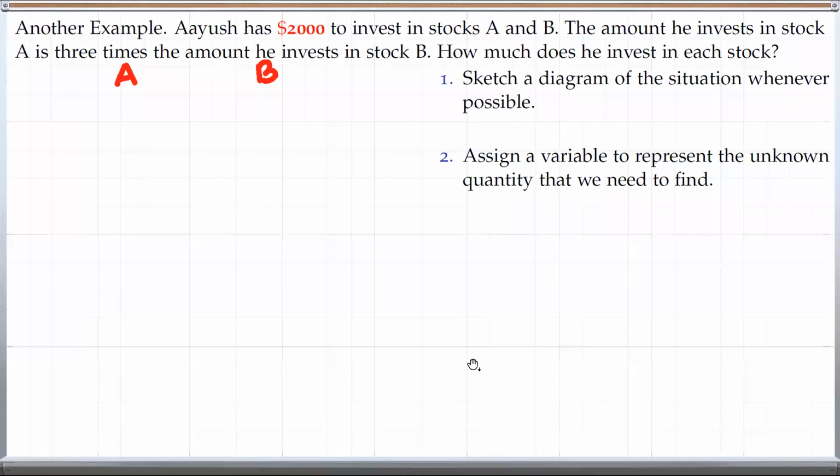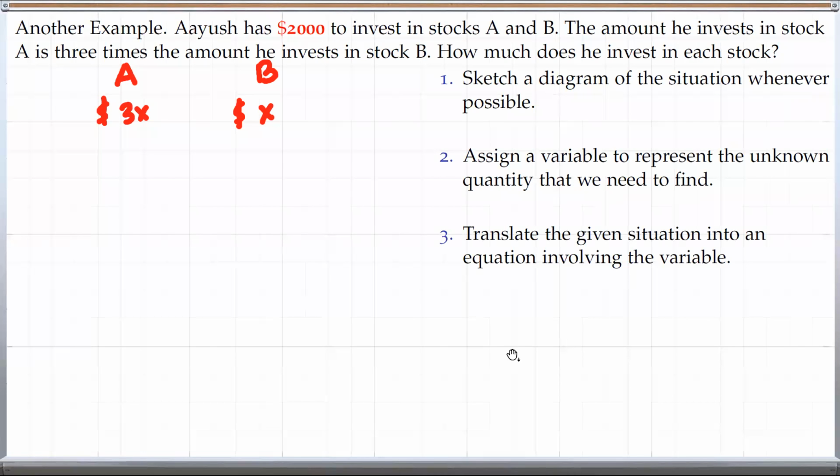Next, assign a variable to represent the unknown quantity that we need to find. So we can assign X dollars for stock B, and it says A is 3 times the amount he invests in stock B. So for A, we must have 3X dollars. Now the next step says translate the given situation into an equation involving the variable.